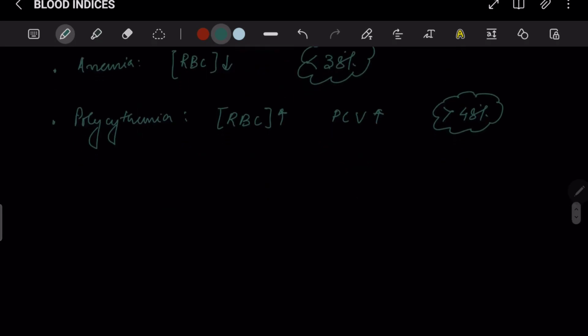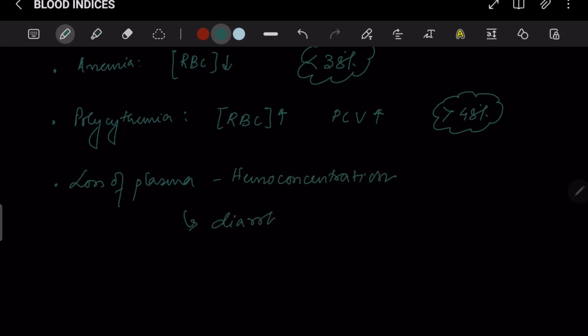Now, in cases of conditions where there is loss of plasma, that is, there is hemoconcentration, for example, in case of diarrhea or vomiting, the plasma concentration decreases. As a result, PCV will increase.